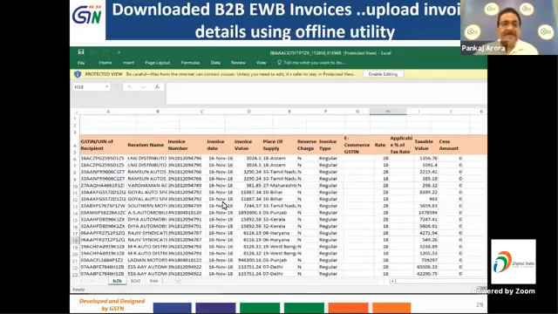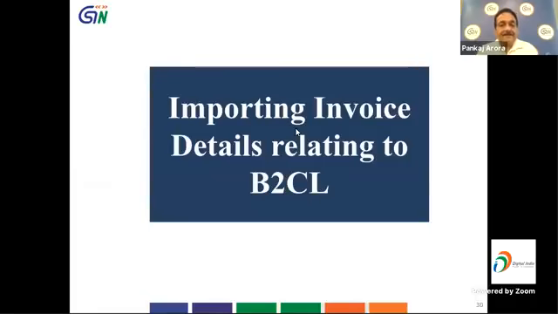So here we can see that we have imported the e-way invoice details relating to B2B in all three cases: where the invoice count is less than 50, where the invoice count is 50 to 500, and also where the invoice count exceeds 500. So now we will see how to import invoice details related to B2CL.